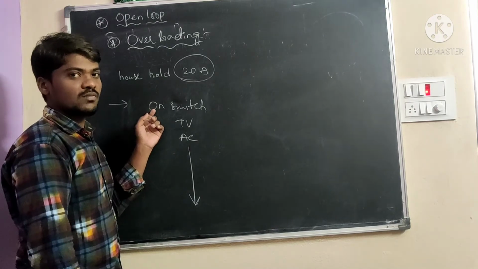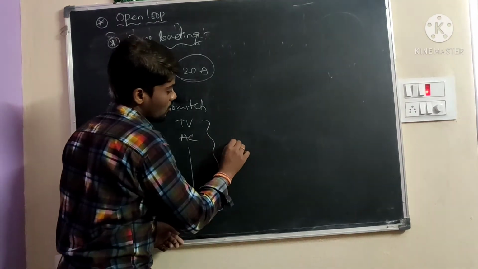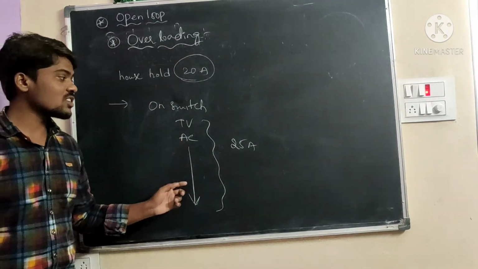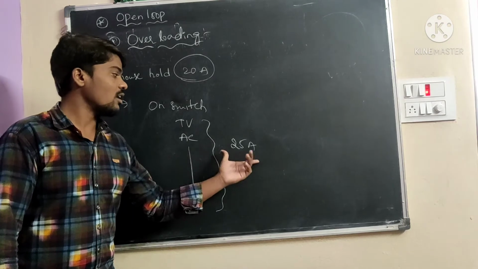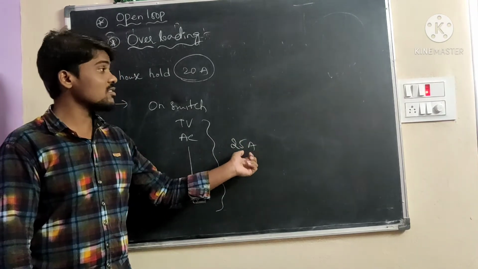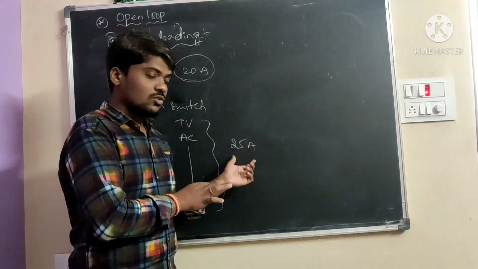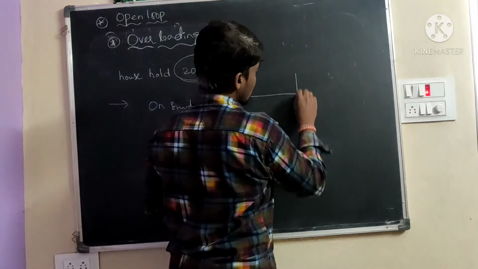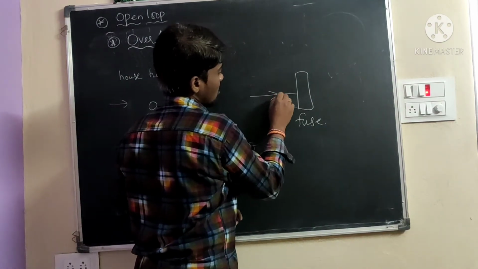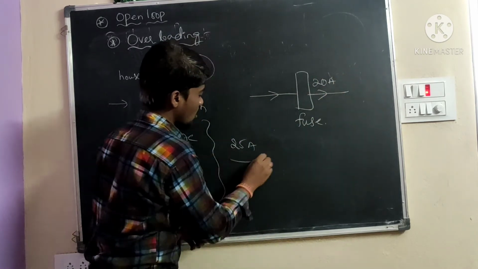The current will be more, 25 amperes for all these components. But the fuse outputs only 20 amps, while the load is 25 amps.